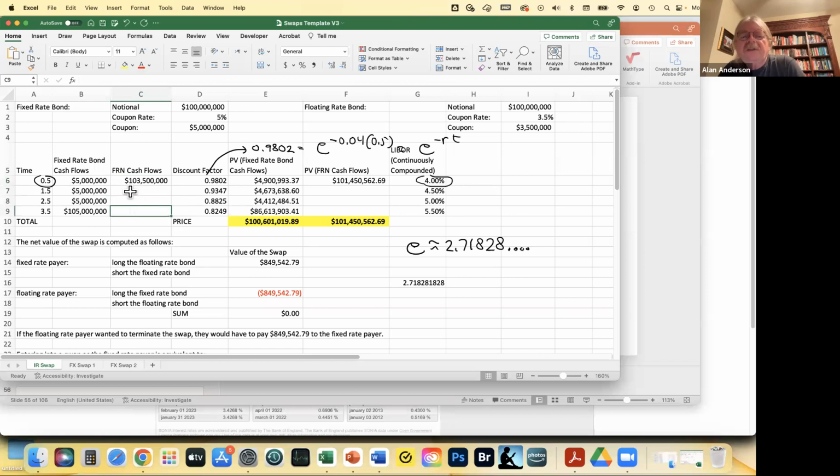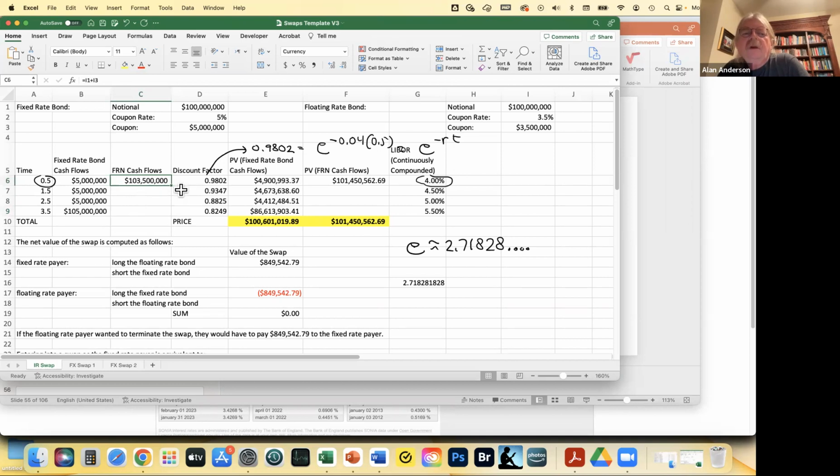But on each of those reset dates, the value of that bond will be exactly equal to the original $100 million. So it turns out that in order to price the floating rate bond, all we need to know is what is the present value of the next coupon plus the notional amount of money invested in this bond.